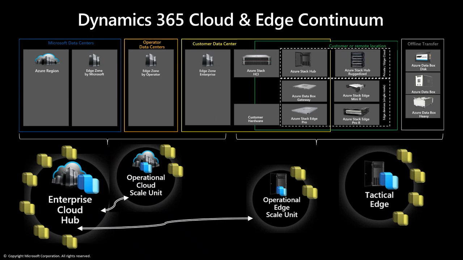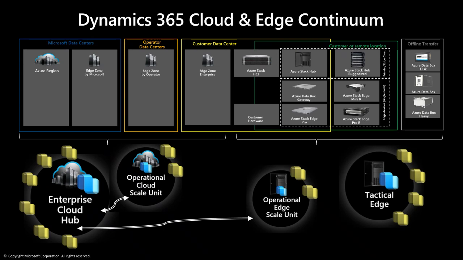From a hardware perspective, this is what this ends up looking like, depending on your deployment option that you choose. You can see here, we have our main Azure regions, and this again would be our traditional deployment options, right? So finance and operations deployed in an Azure data center hosted by Microsoft.